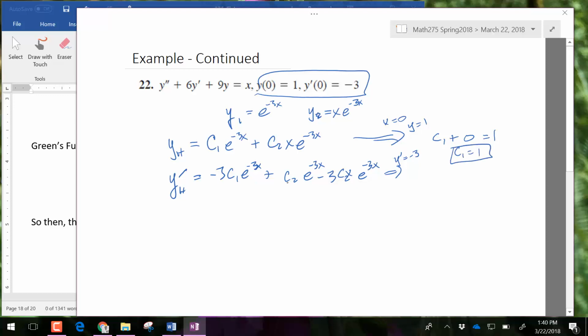And then over here, when we put 0 in, we get negative 3 c1 plus c2 minus 0, and this is supposed to equal negative 3. So C1 is equal to 1, and then C2 is equal to 0?